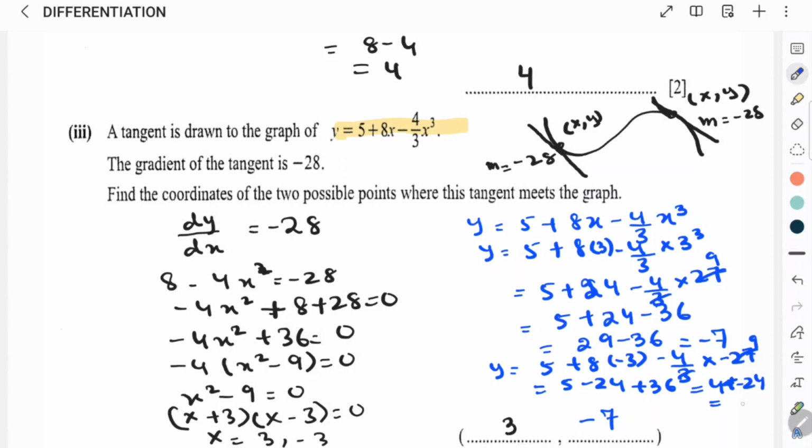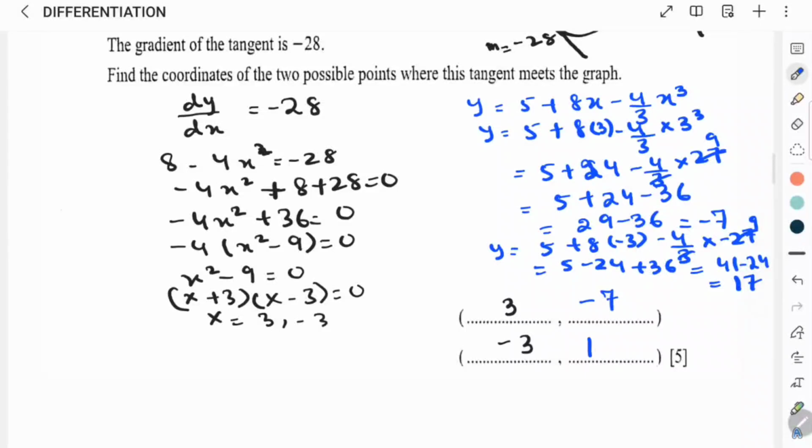Okay, positive. 41 minus 24 is 17, and that is your answer, and it was 5 marks question. So 3 minus 7 and minus 3 positive 17 is the answer for this question.